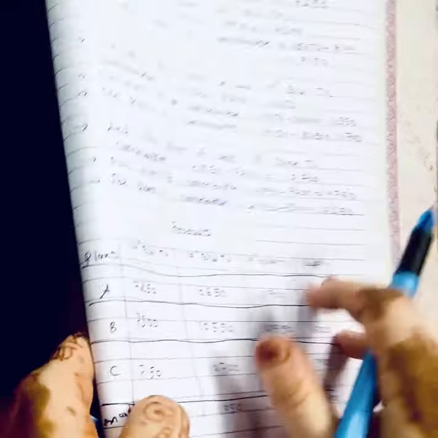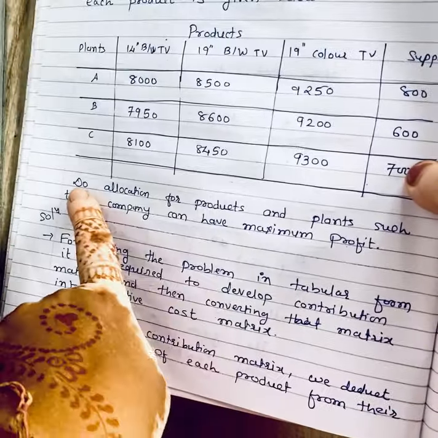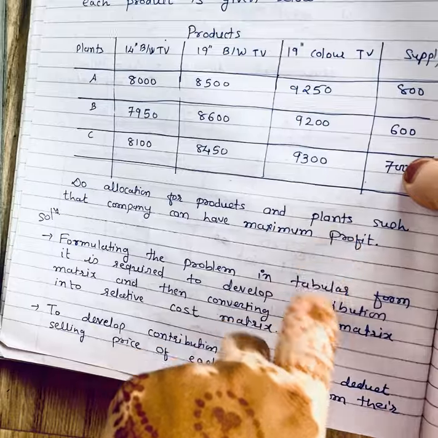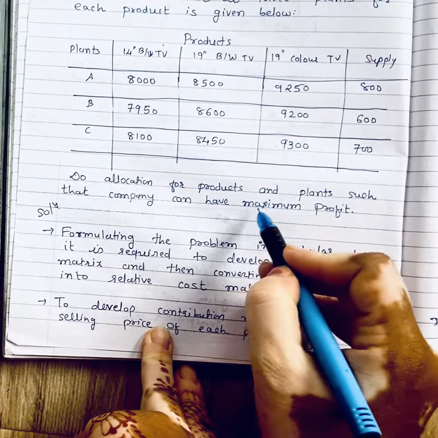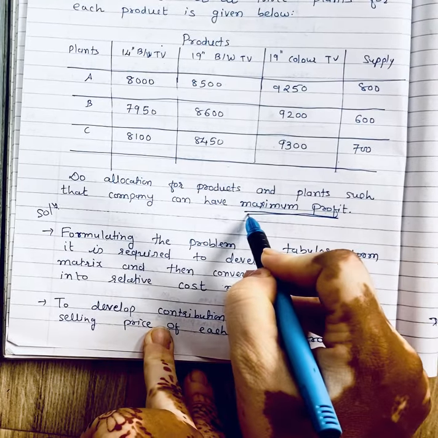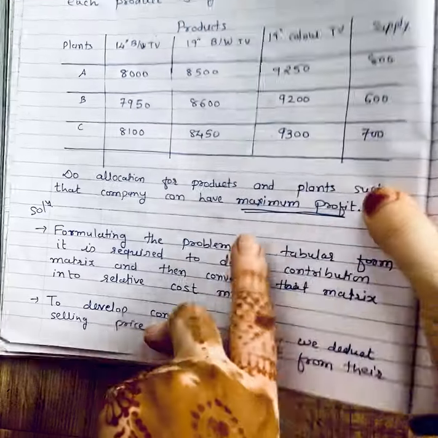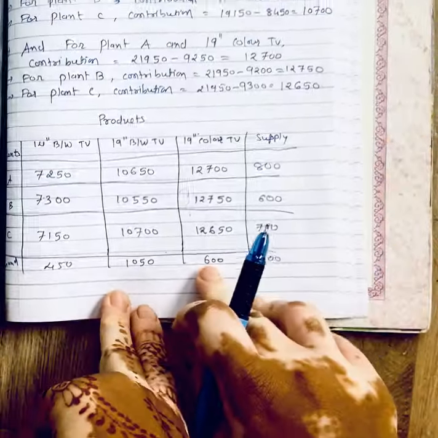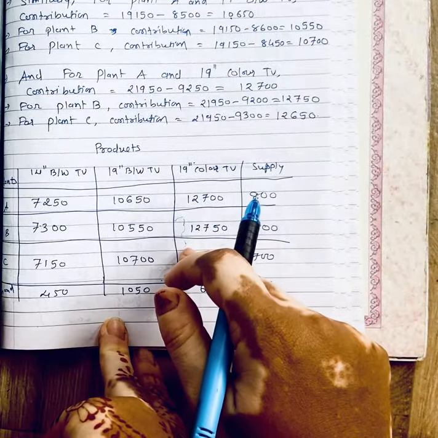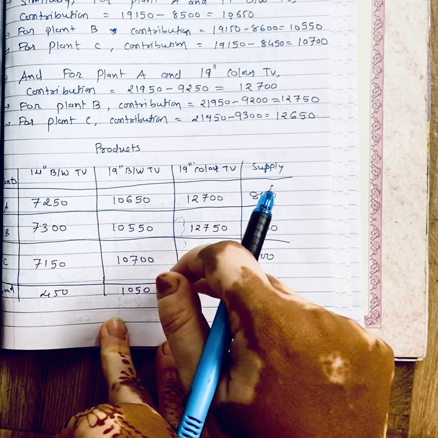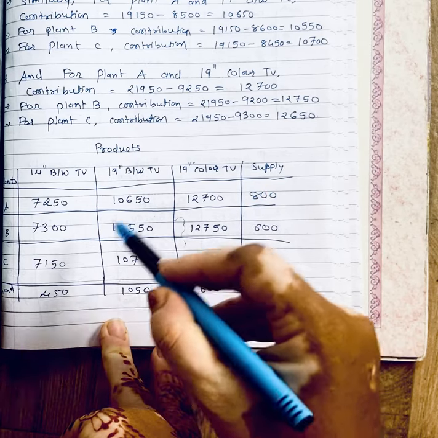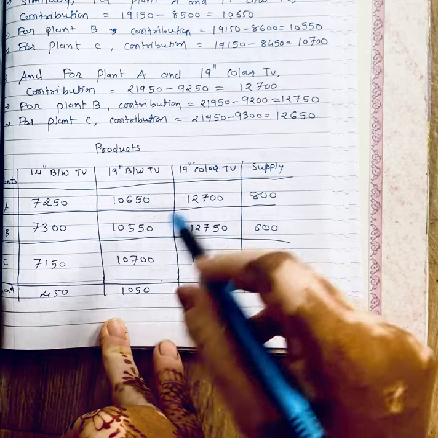As given in the question, do allocation for product and plants such that the company has maximum profit. So this is the transportation matrix of maximization. First of all, we have to convert this maximization matrix into minimization form.